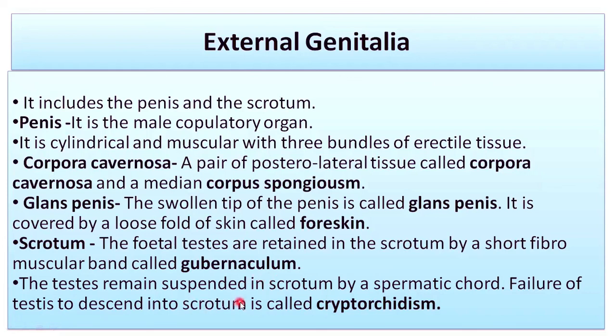The testes remain suspended in the scrotum by the spermatic cord, and if there is a failure of the testes to descend into the scrotum, it is known as cryptorchidism. So this is about the external genitalia, which include the penis and the scrotum. Here I explained each and every point from the diagram.